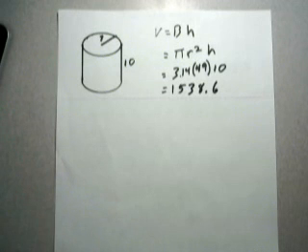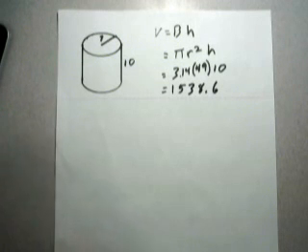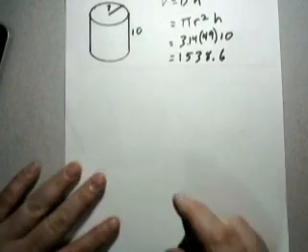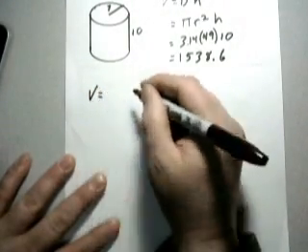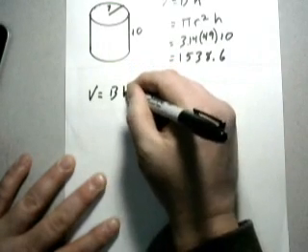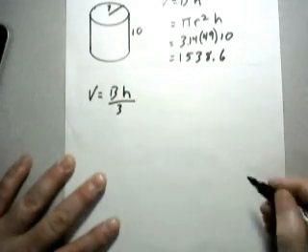Okay, now number 15, we have to find the volume of a cone and then a pyramid. The volume is equal to the base times the height, and then we divide that by 3.